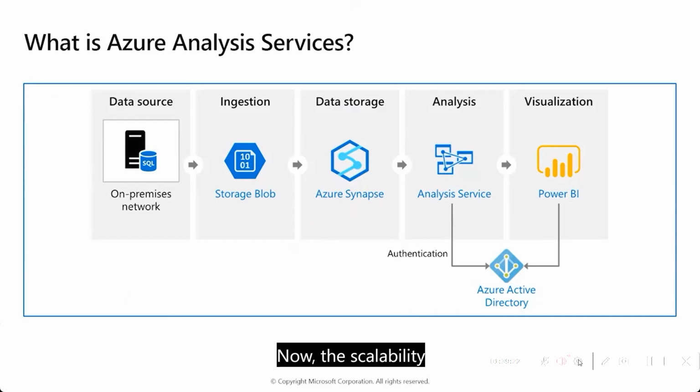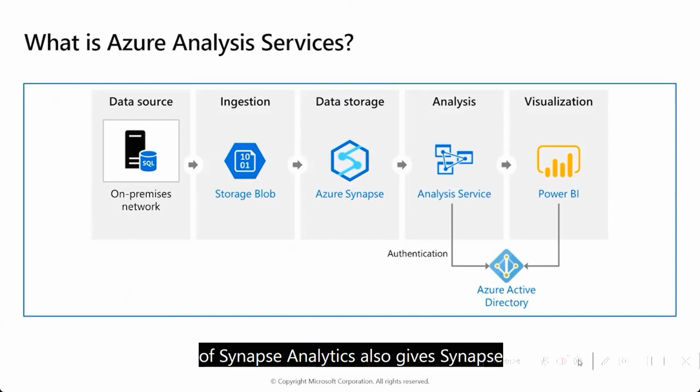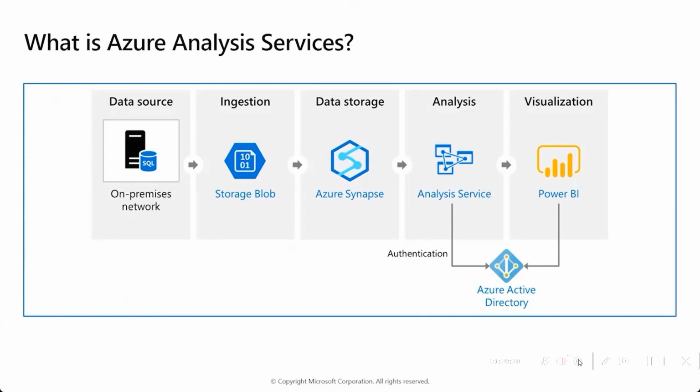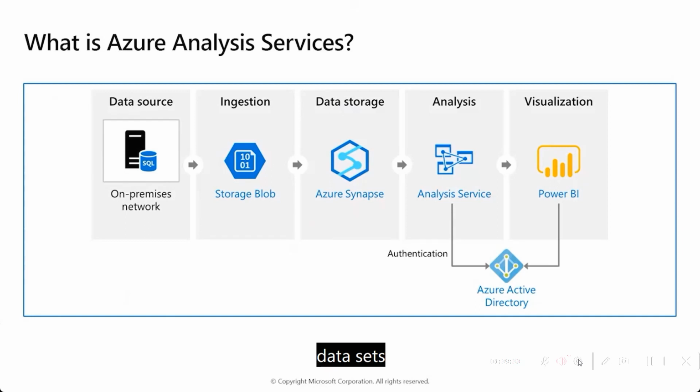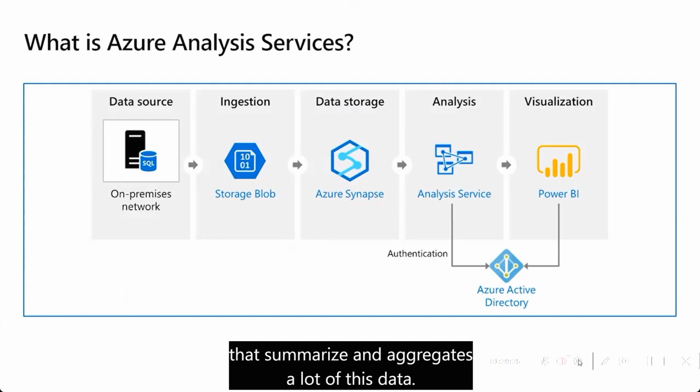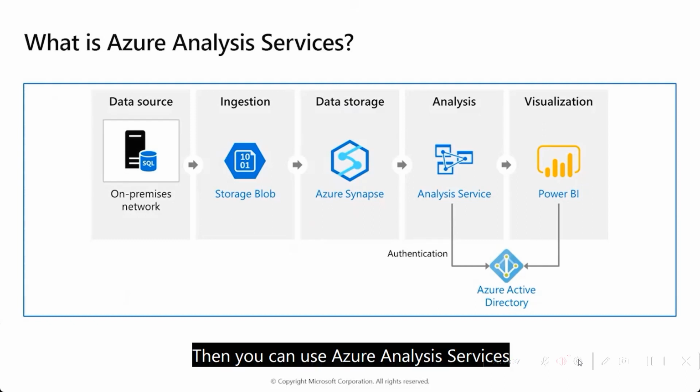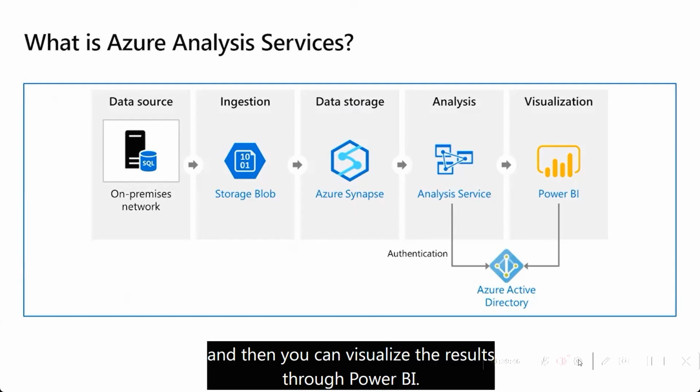Now, the scalability of Synapse Analytics also gives Synapse the ability to process terabytes of data into smaller, succinct data sets that summarize and aggregate a lot of this data, which you can then use Azure Analysis Services to perform that detailed interrogation of, and then you can visualize the results through Power BI.